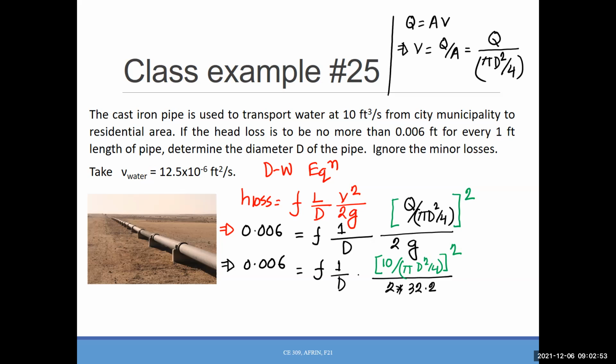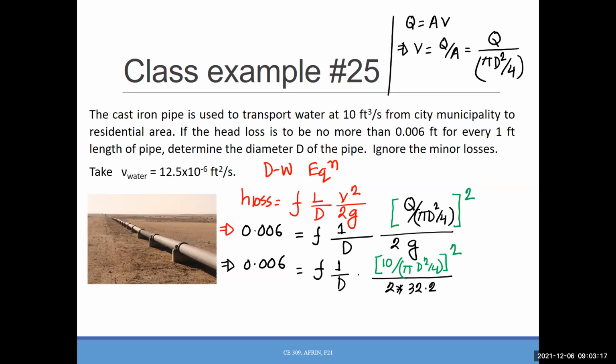We know the head loss, but we don't know the friction factors and everything. So we will start from this point. Since I don't have the setup for the full system, like starting point and ending point, the energy equation is not helpful here because I don't know the pressure or the velocity at the starting point and the ending point.